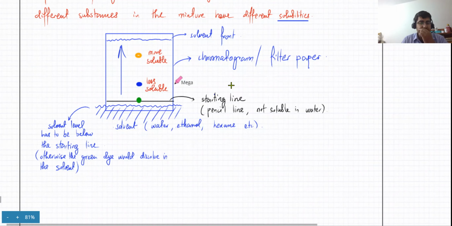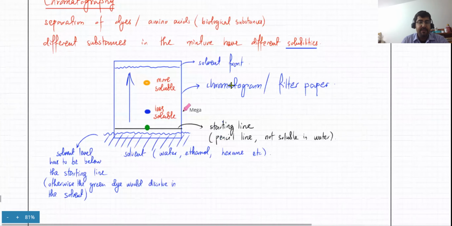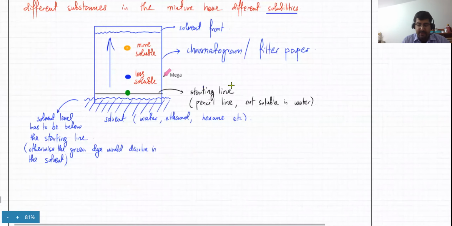Then there's another thing, and you can do this for amino acids. You can do this for other biological substances as well. Now, one extra thing that needs to be known is that a lot of biological substances like amino acids are not visible. For example, colored dyes are very visible, but other biological substances are not very visible, especially amino acids.